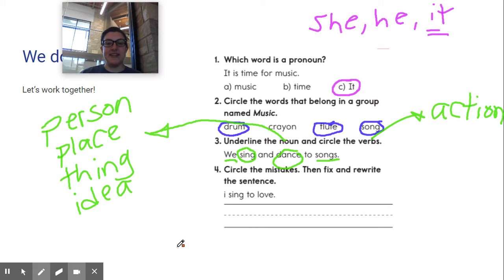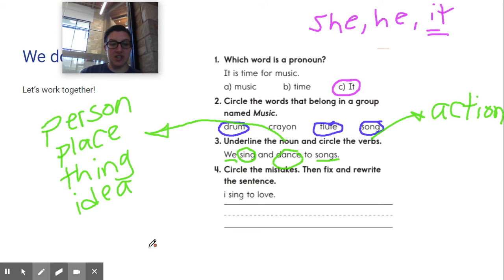Okay, circle the mistakes, then fix and rewrite the sentence. So you need to think, what are things that I always need in a sentence? So I always need a capital, I always need a period, I need my spelling to be correct. And in this case, I need my word order to be correct.